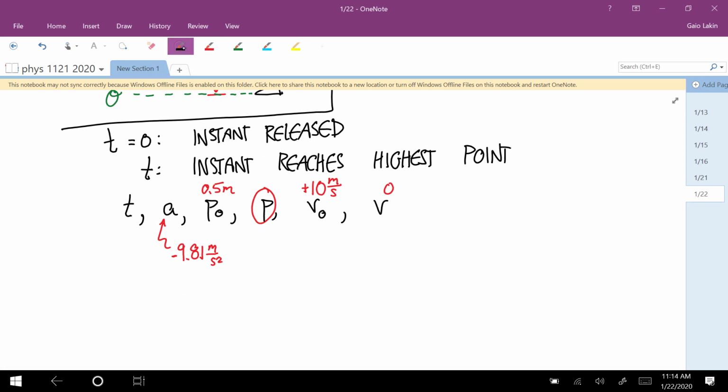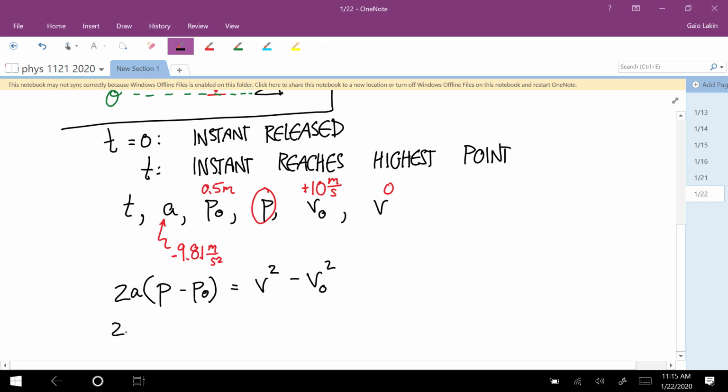And so now we're just looking for an equation that has the p in it so we can solve for it, and everything else in it is known. And the one that's going to work is 2a times the quantity p minus p0 equals v squared minus v0 squared.